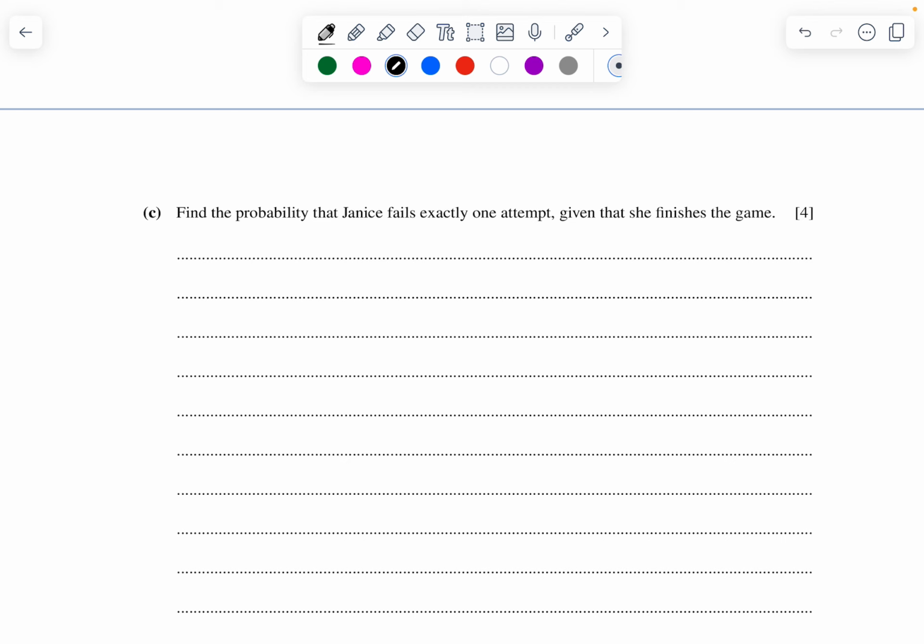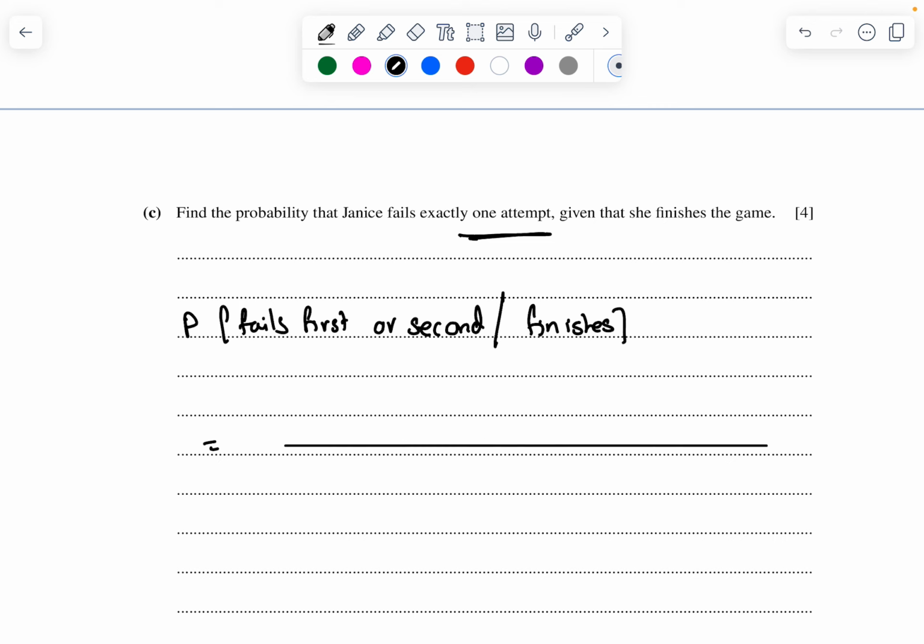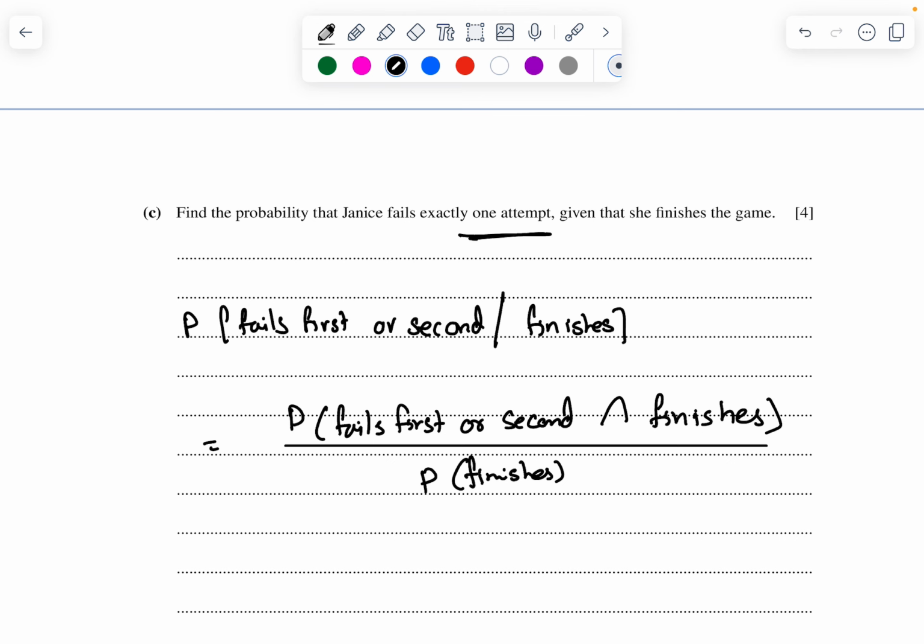So, fails exactly one attempt: the probability of failing first or second, given that she finishes. The probability of finishing the game is in the denominator, and the probability of failing first or second and finishing should be in the numerator.